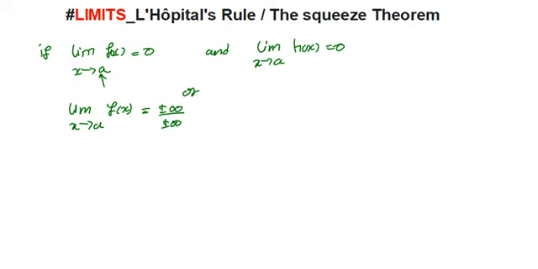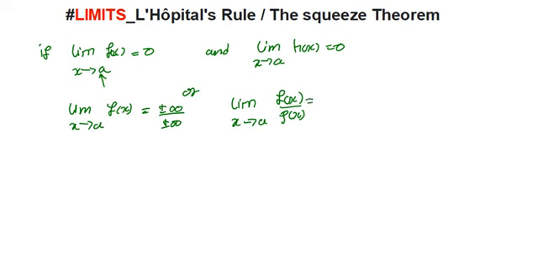So if direct substitution is giving us an indeterminate form, we take the limit of a function where x approaches some number a, of a function in this form, f of x divided by g of x or h of x.